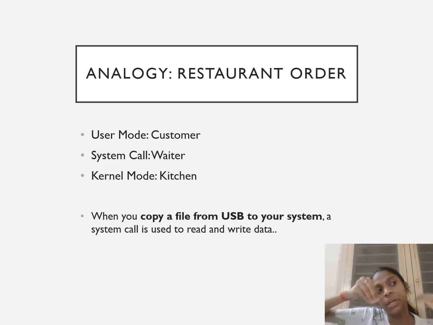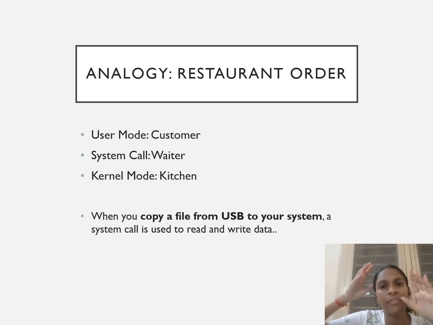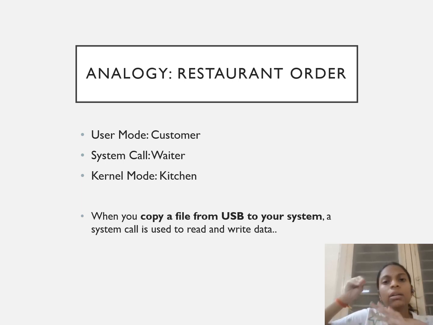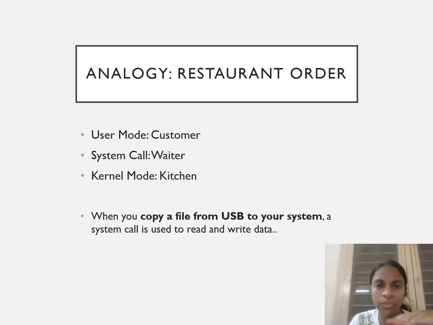The waiter acts as a bridge between the customer and the kitchen. So here is what the system call is. Waiter means system call. Here the system call is the waiter. User mode is the customer. Kernel mode is the kitchen. So when a customer needs to get food from the kitchen, the waiter acts as a bridge. So the waiter acts as the system call. I hope you got my point, right? You will easily understand this analogy.